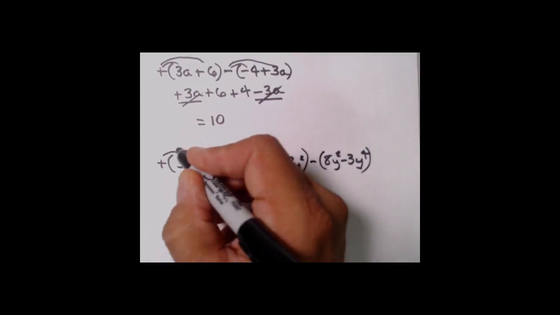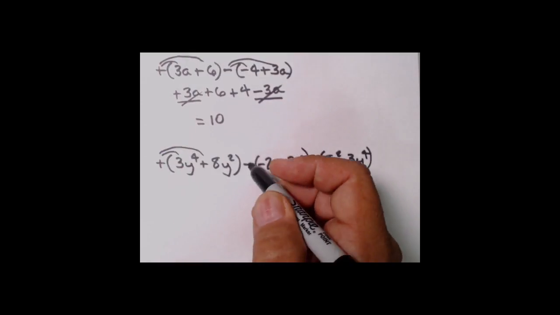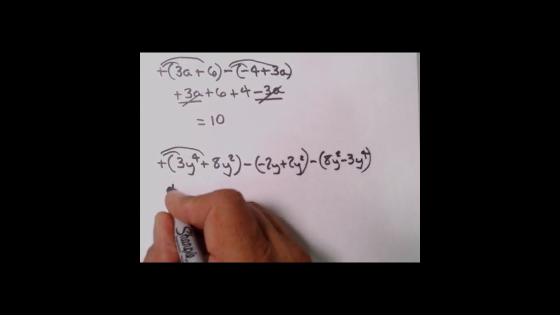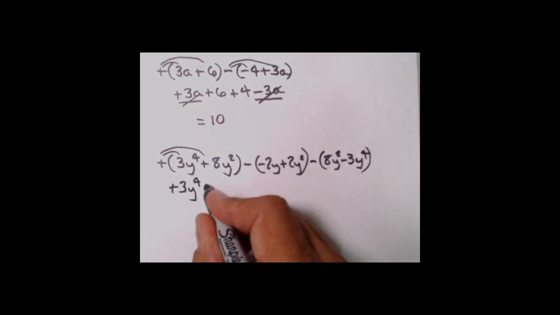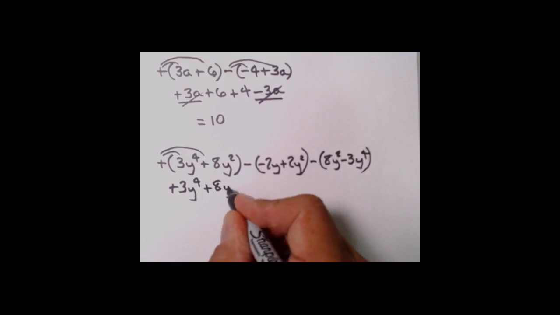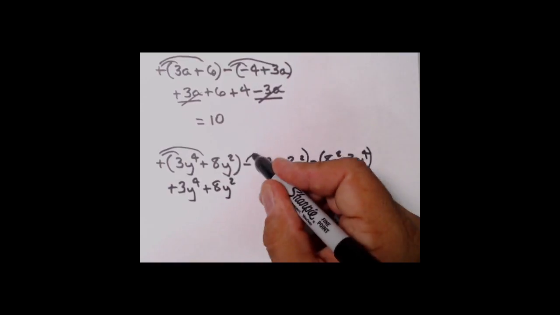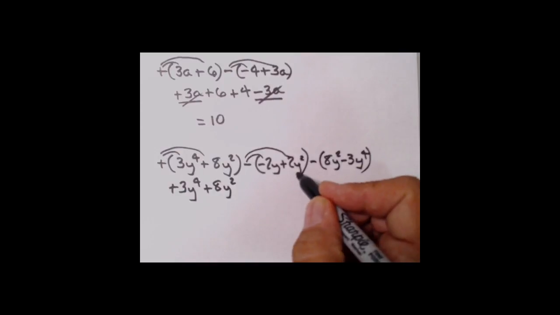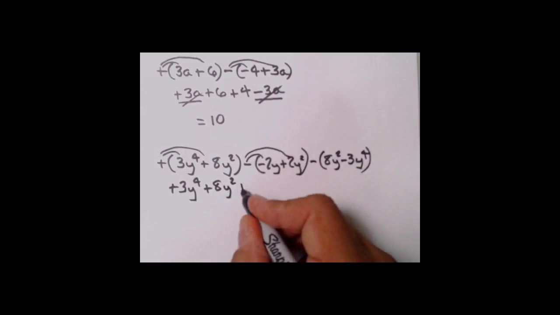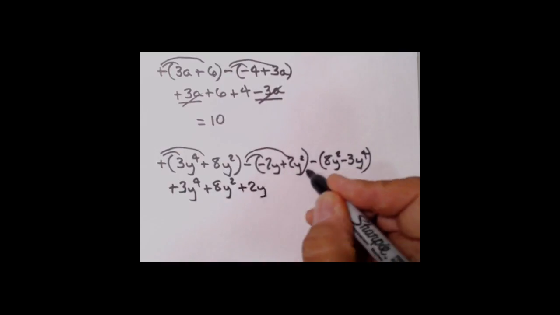So here we go. The plus going in is not going to change anybody. So I got plus 3y to the 4th plus 8y squared. But the minus is going to change everybody in the middle polynomial here. So minus 2y becomes positive 2y.